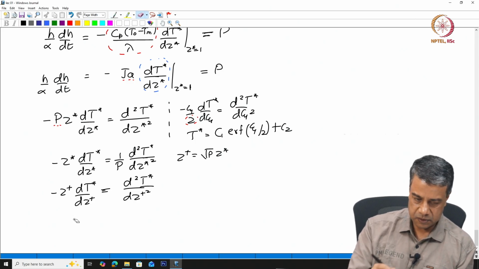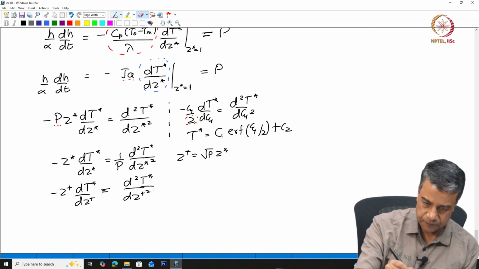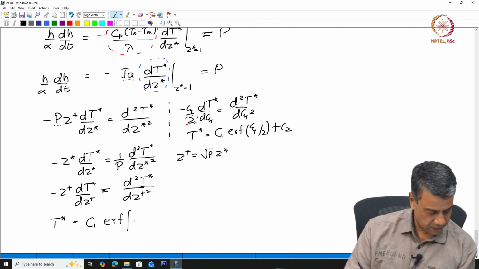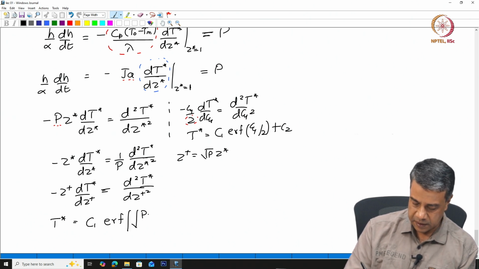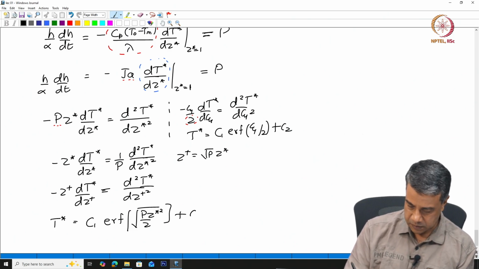Finally, the solution that you get is T star is equal to C1 error function of root of p z star by 2 plus C2.